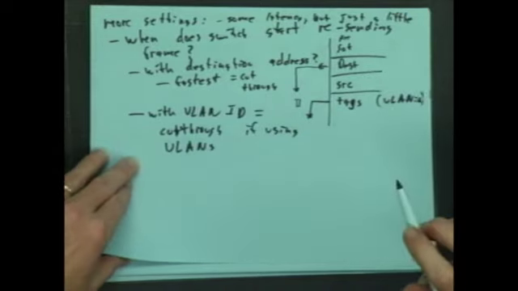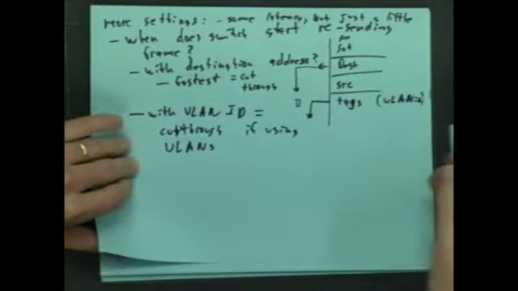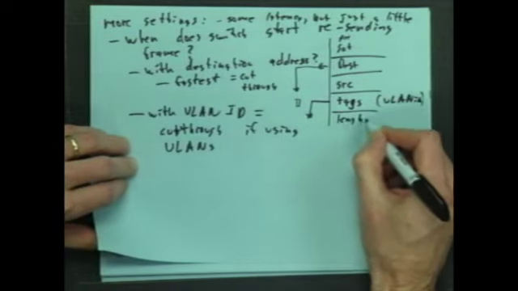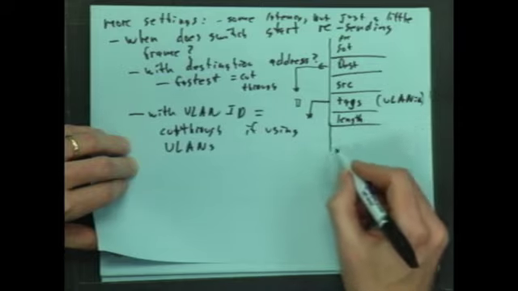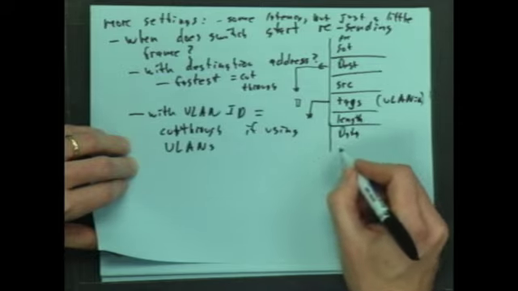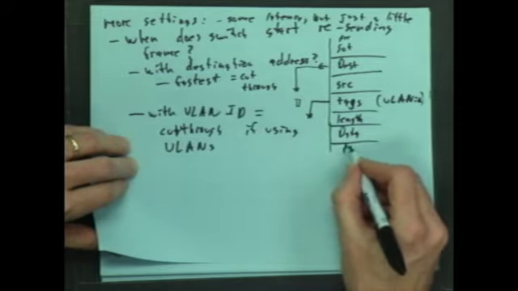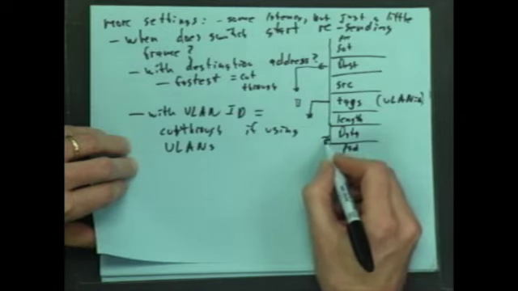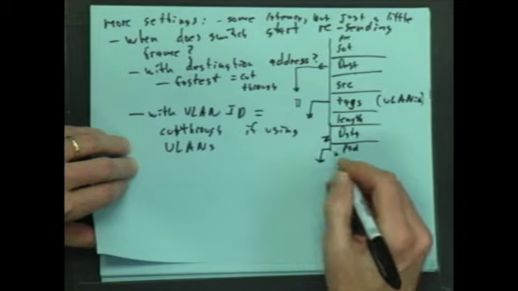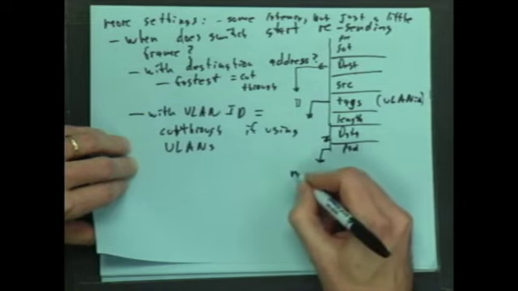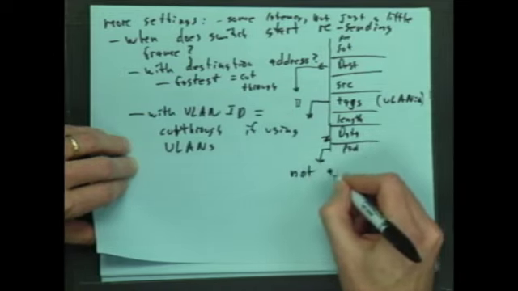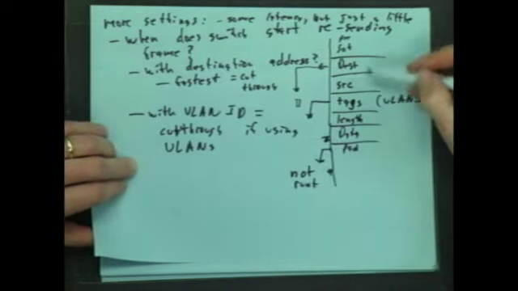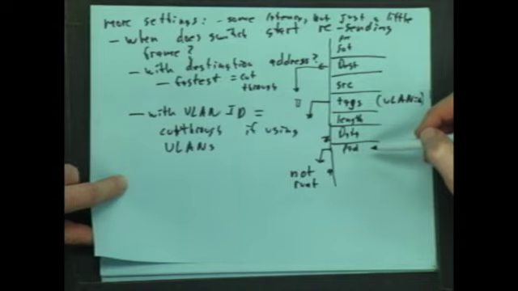We get into the tags, there is a length field. We have the data. And sometimes we're going to go all the way through the data, and we'll cut through down here. This is when we're worried if it is not a runt. A runt is just the frame is too short.